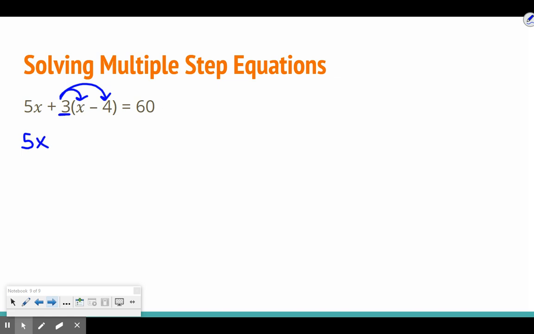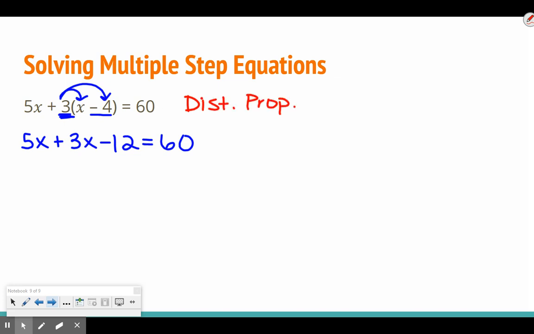I multiply the 3 out in front times x, so I get 3x. And then I multiply that 3 by the -4, so I get -12, because 3 times -4 is -12. This would be a great problem to have written down in your notes. So I did the distributive property.